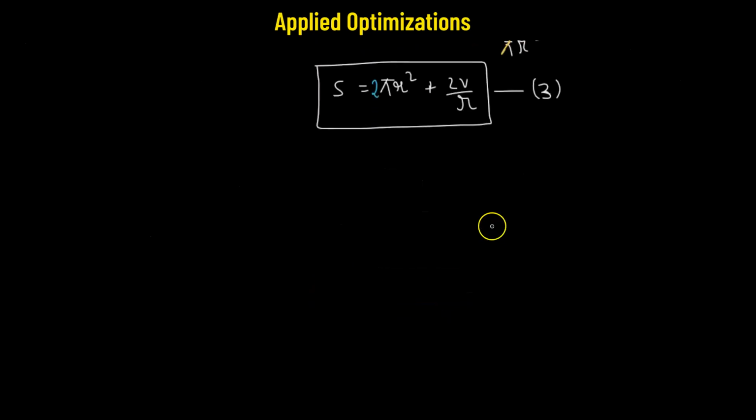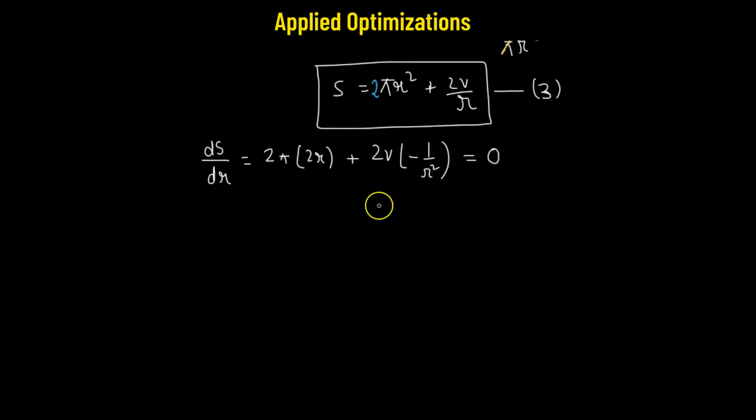For that, all we have to do is take the derivative of the surface area with respect to radius, and we'll set that equal to 0. But first, let's take the derivative. So we have 2 pi times the derivative of r squared, which will be 2r, plus 2V. We have 1 over r, so its derivative will be minus 1 over r squared. So let's set this equal to 0 in order to minimize it.